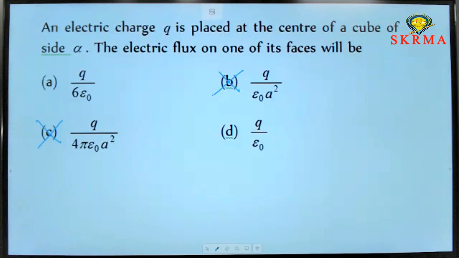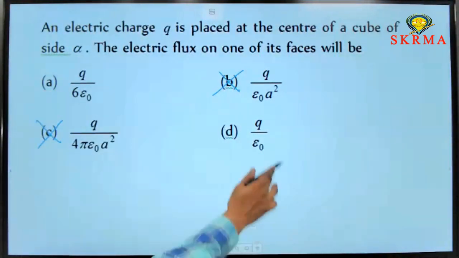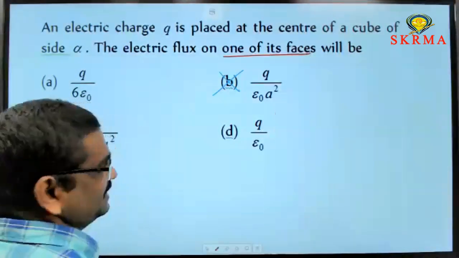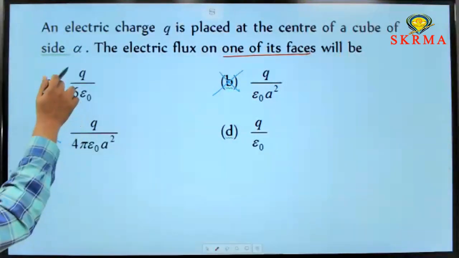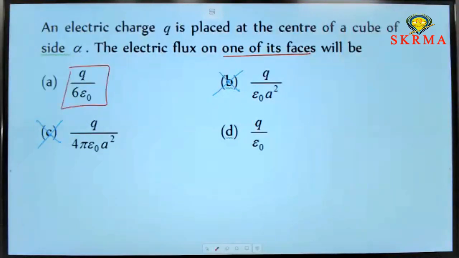Then A and D are there. Which one are you going to select? You have to calculate the flux passing through one of its faces. How many faces are there for a cube? 6 faces are there. So Q by 6 epsilon naught is the answer. That is a direct formula.